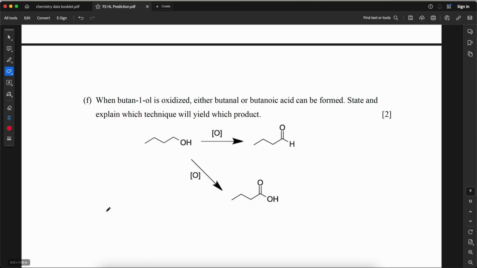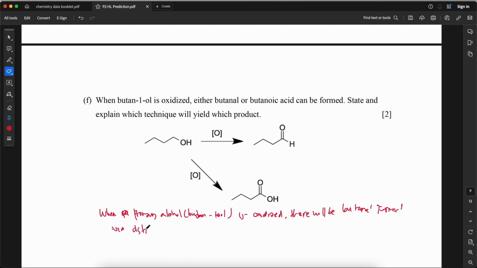So when a primary alcohol, or butan-1-ol, is oxidized, butanal is formed via distillation.